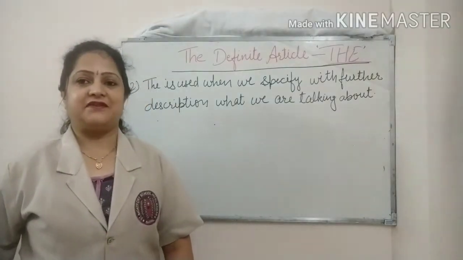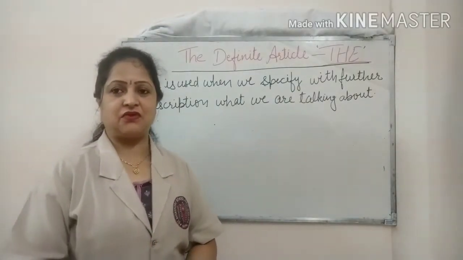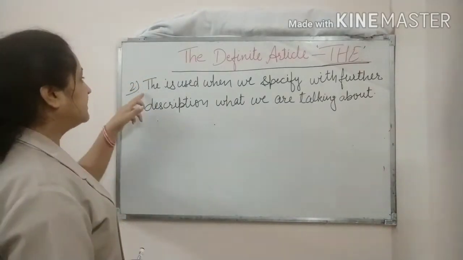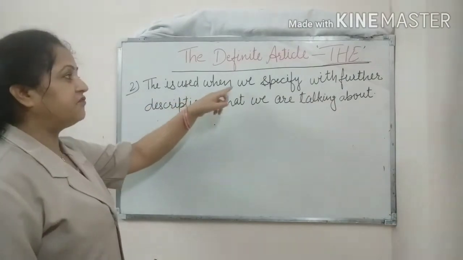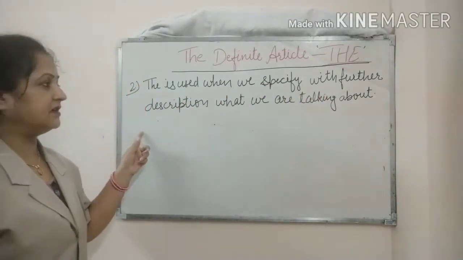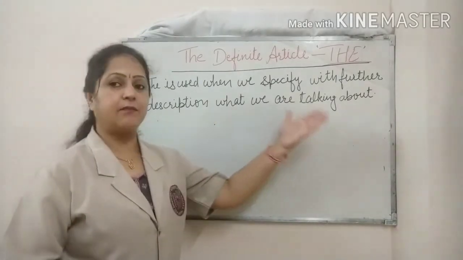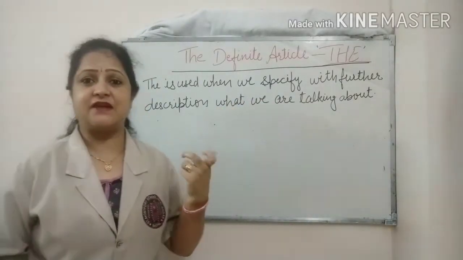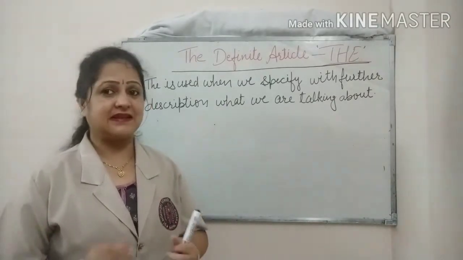Now let's start with the second use of the. The second use of the is when we specify with further description what we are talking about. Let's take one example to understand it well.